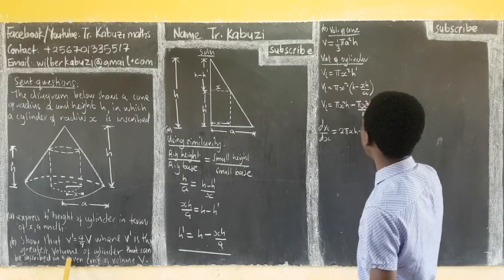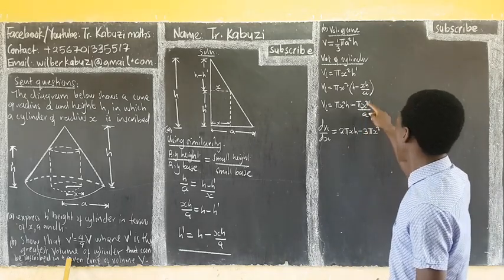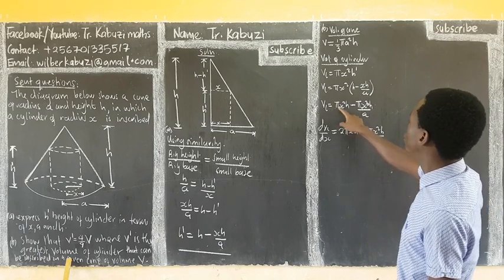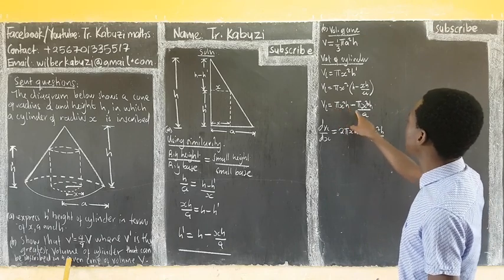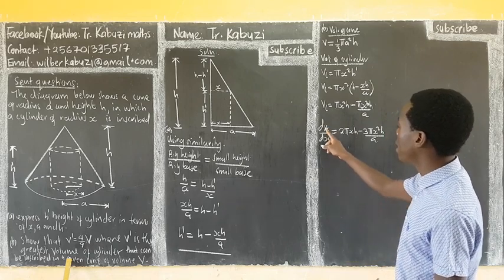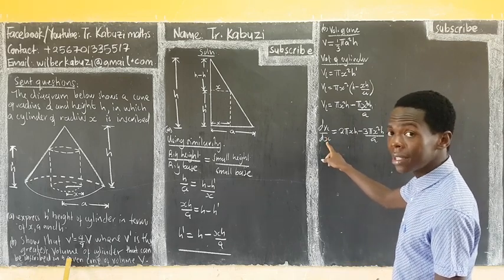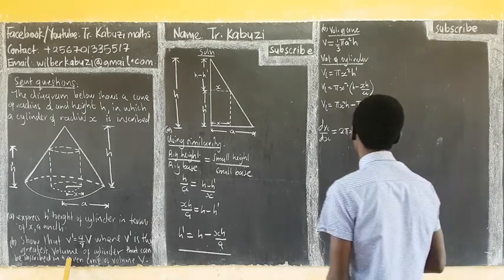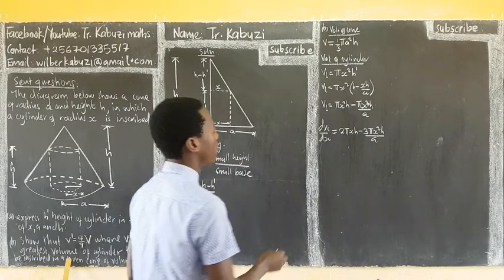When I differentiate this, I lower the power, that's where I'm getting the 3, and I reduce this by 1. Now pi, h, and a, we treat as constants, because we are saying the volume is varied with the radius x. That's why we treat them as constants.